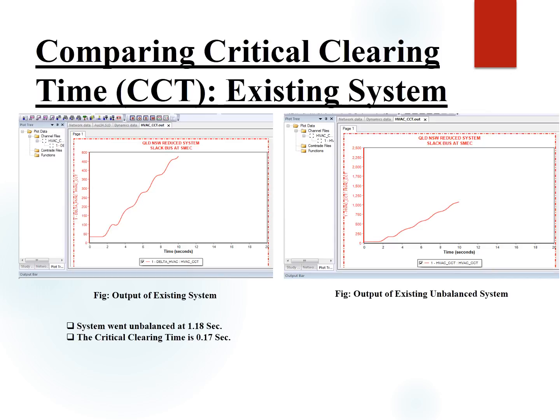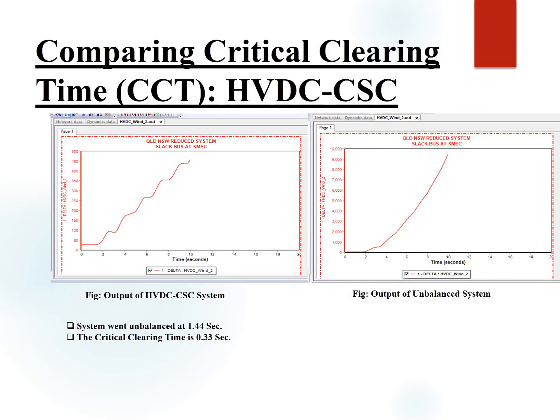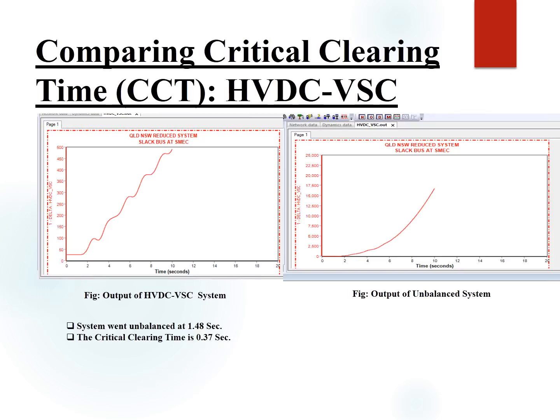For the existing system, the critical clearing time is 0.17 seconds, and for the high voltage AC system, it is 0.2 seconds. For high voltage DC, current source converter based, it is 0.33 seconds, and for the voltage source converter based high voltage system, the critical clearing time is 0.37 seconds.